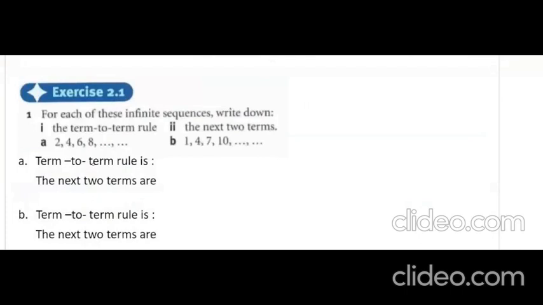We move to the exercise now. For each of these infinite sequences, write down the term-to-term rule. You can see the sequence given below: 2, 4, 6, and 8. How do we get this? By adding 2 to each and every term.